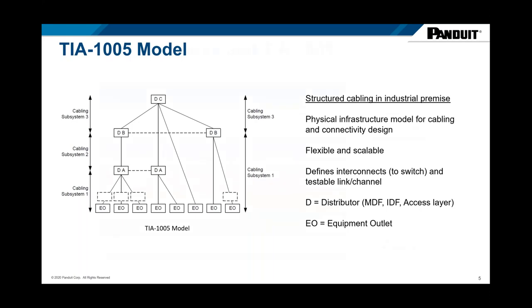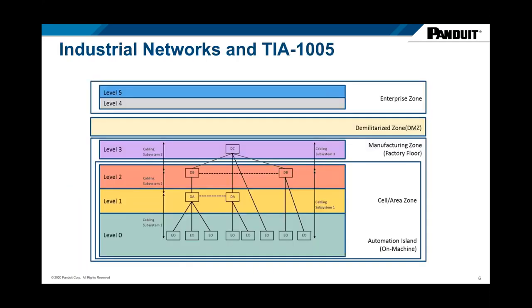So let's relate now 1005A to those industrial networks and the Purdue model. What you see here is an actual overlay of the Purdue model in the colors over that TIA 1005A model that I was showing you earlier. And here are some examples of how they correlate.